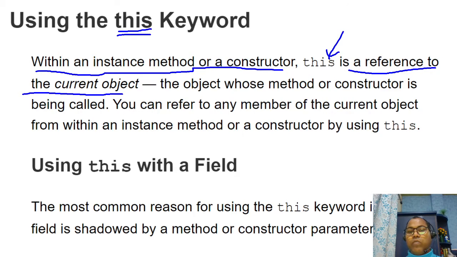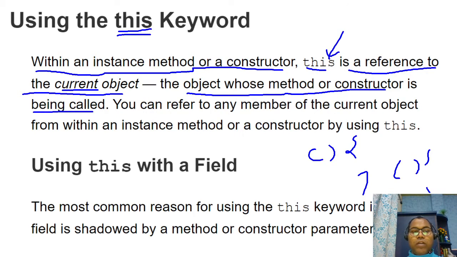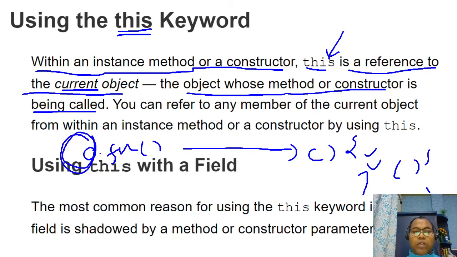If you are inside your instance method or inside a constructor and you use the this keyword, it points to your current running object, the object whose method or constructor is being called. Let's say we have object1 call function one. Inside function one, this refers to the object which called the method.